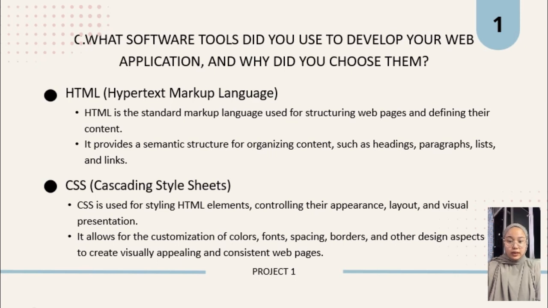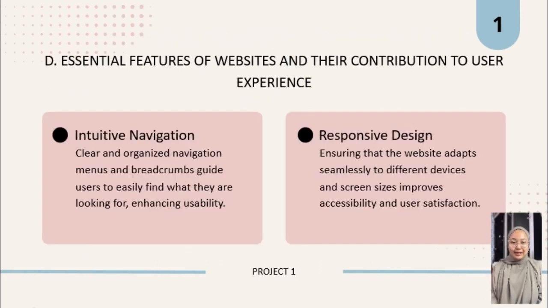Second, we are also using CSS. CSS is used for styling HTML elements, controlling their appearance, layout, and visual presentation. It allows for the customization of colors, fonts, spacing, borders, and other design aspects to create visually appealing and consistent web pages.